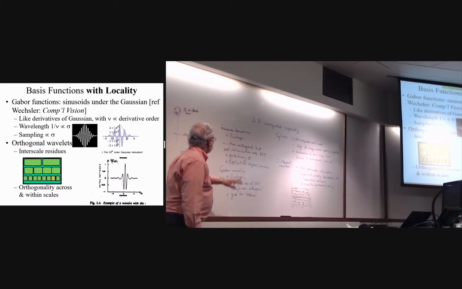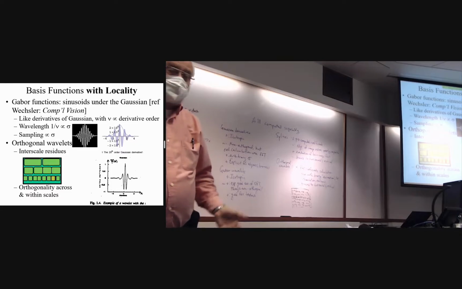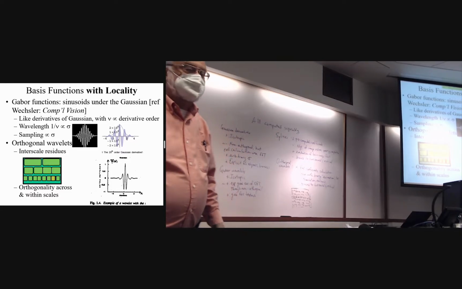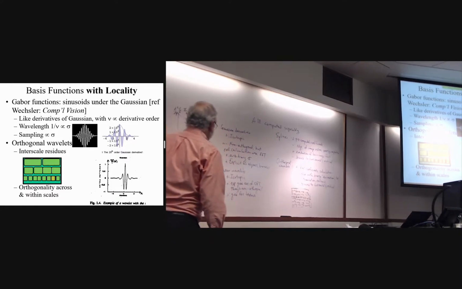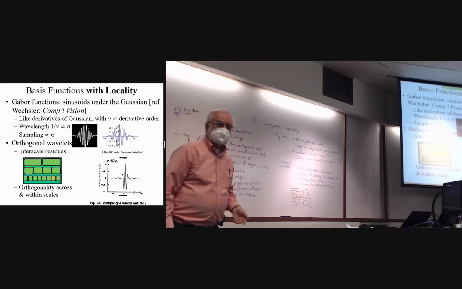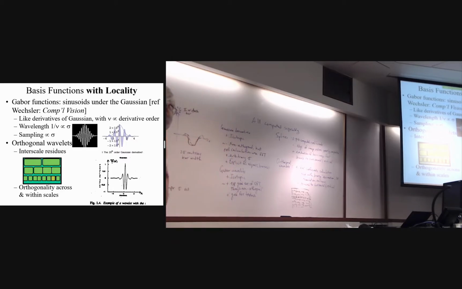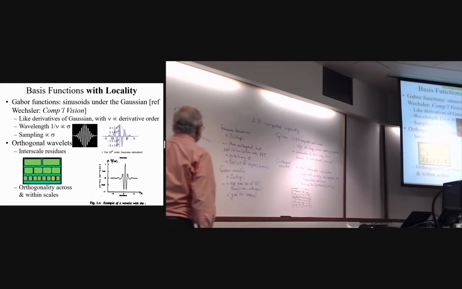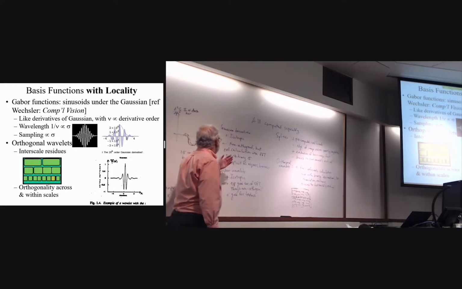So, starting with the Gaussian derivatives, they are isotropic. That's nice. Which means they're not biased in rotation. They're also not biased in translation, or scale.